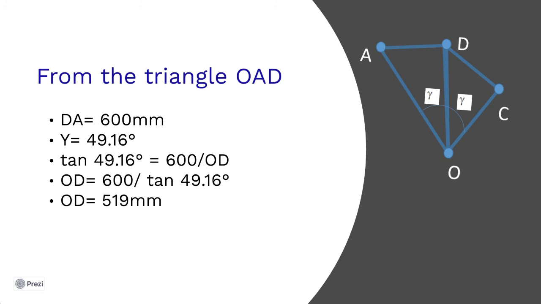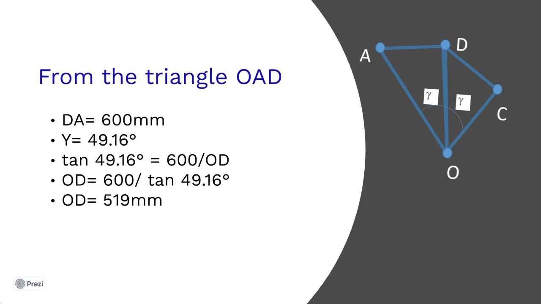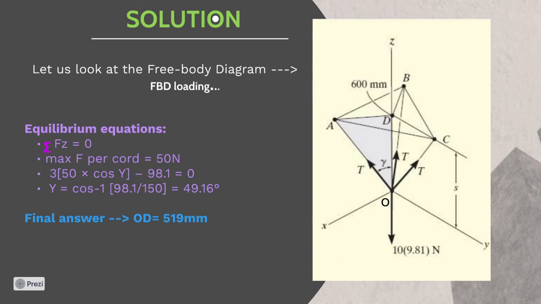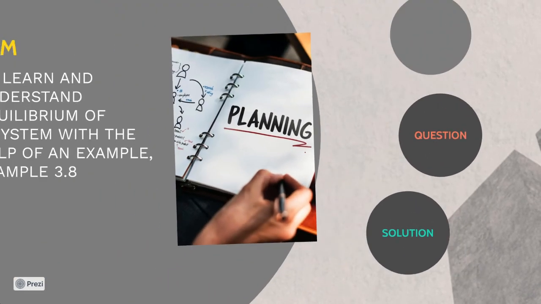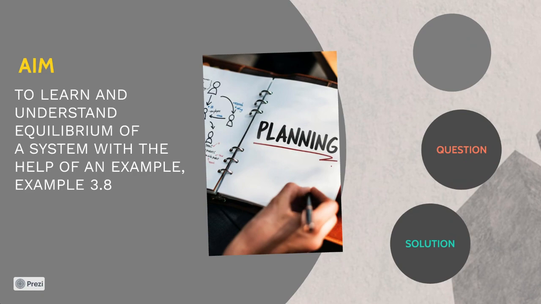So, OD, which is the shortest distance from the ceiling, is equal to 600 mm divided by tan 49.16 degrees, which after calculating we get the answer 519 mm for OD, which is the shortest distance possible from the ceiling that can accommodate a maximum of 50 Newton per cord.